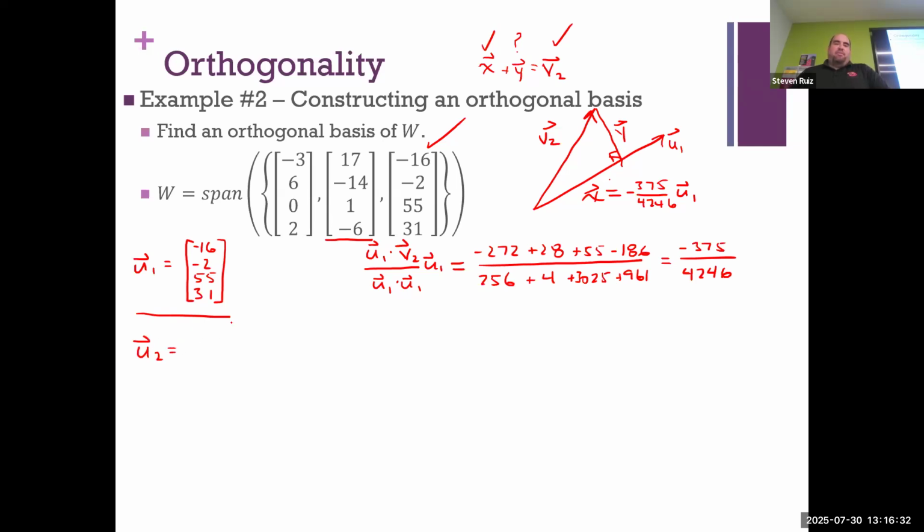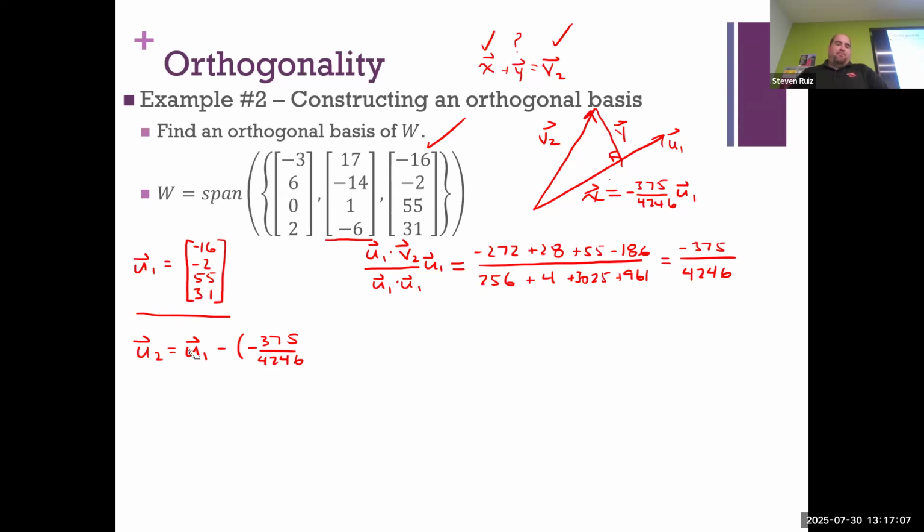U2 is equal to U1 minus... that doesn't seem right.